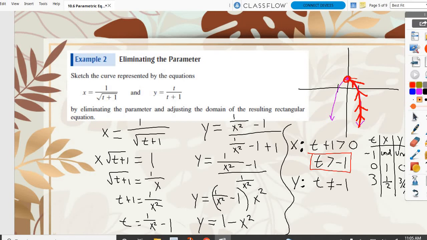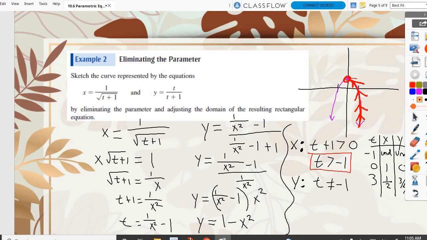So between -1 and 0, I'm getting really big x values. That means I'm starting at really big x values. As my t values get bigger, my x values are going to get smaller. So I know that I'm going from big x values to small x values, because I have to go from smallest to biggest for my t values. Okay. Does that make sense?